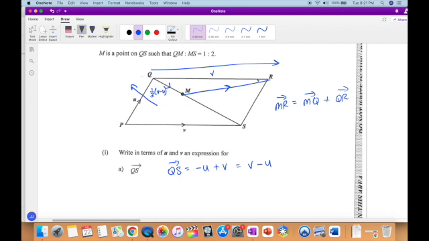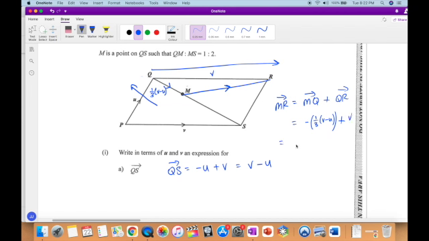MQ is the reverse of QM, so that is minus a third into V minus U, and then plus that V over there, right?